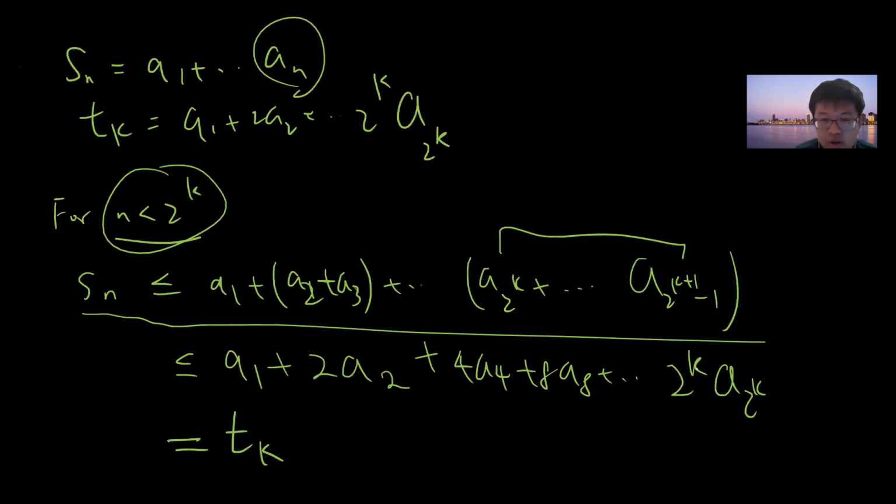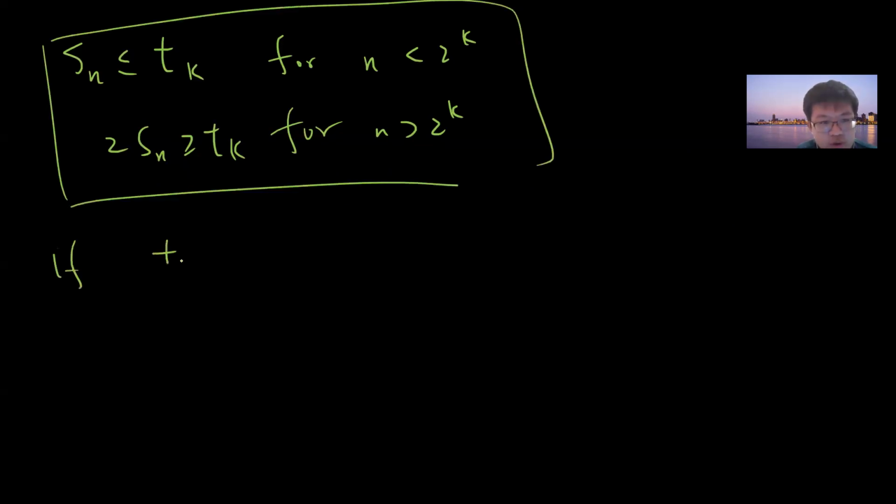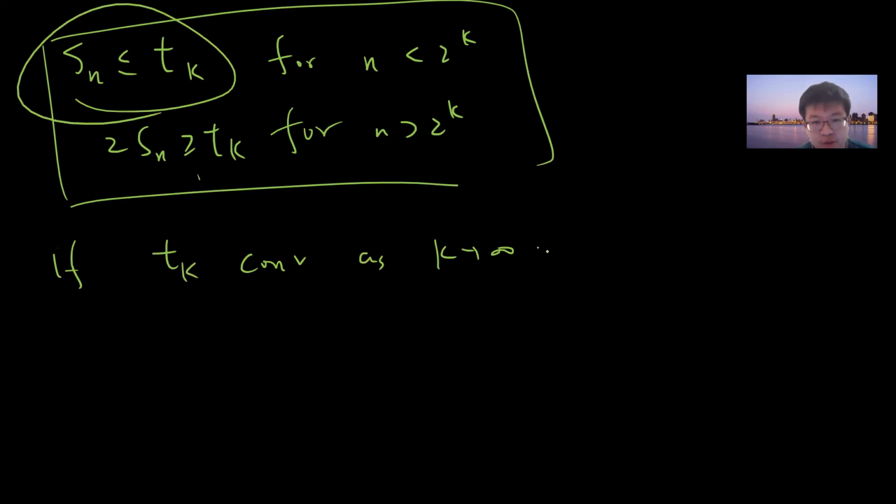So what we have is Sn less than or equal to Tk for n less than 2^k, and for n greater than 2^k, 2Sn greater than or equal to Tk. If Tk converges as k goes to infinity, then it is bounded, so Sn converges by the comparison test.